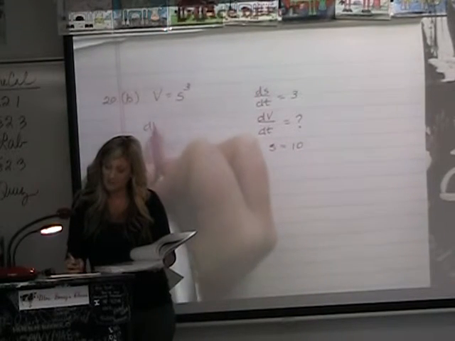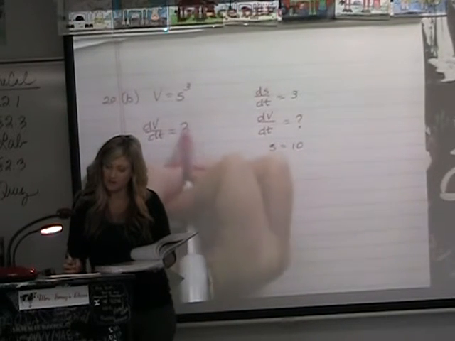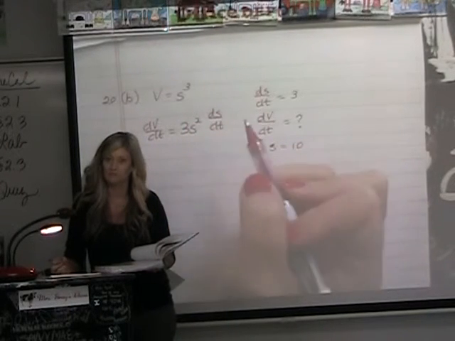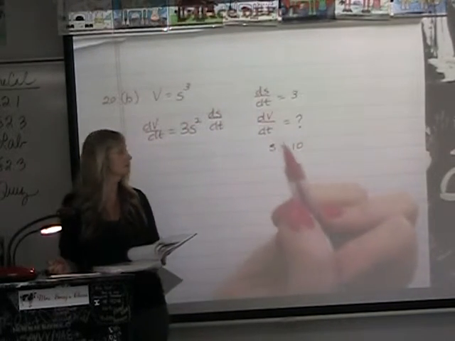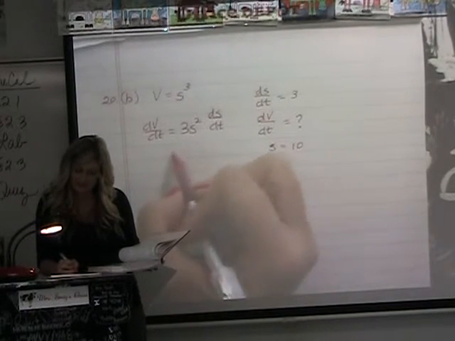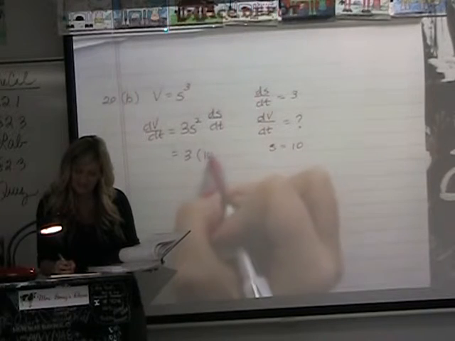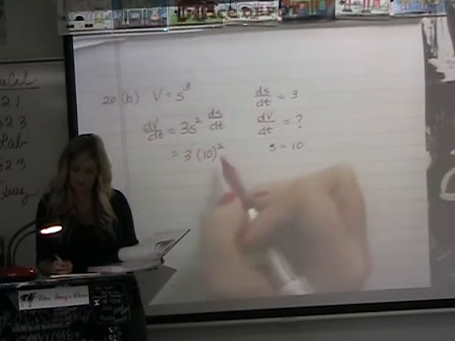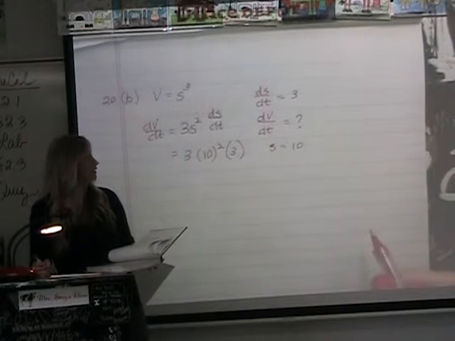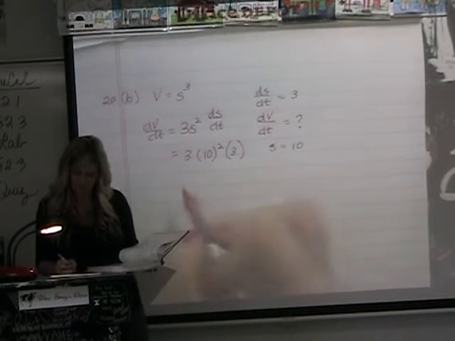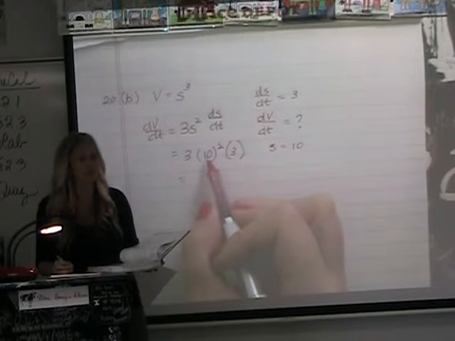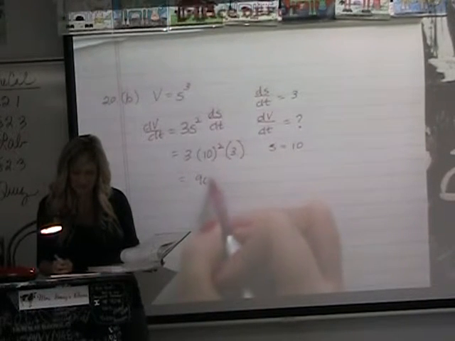Well, dv by dt equals 3s squared ds by dt. Everybody okay so far? And then if I sub in 10 for s and square it, and then multiply that by 3, because that's my ds by dt, 3 times 100 is 300, times 3 is 900.